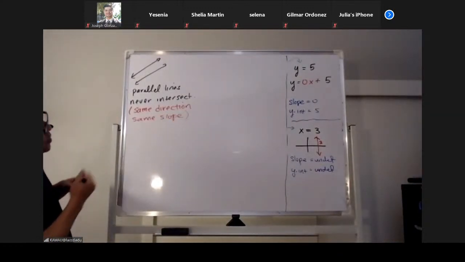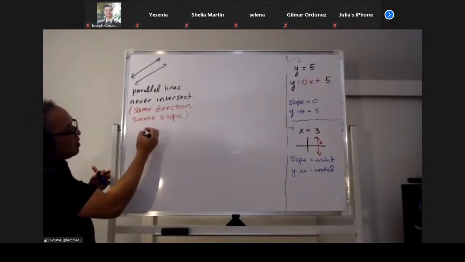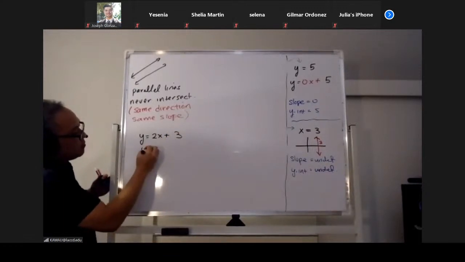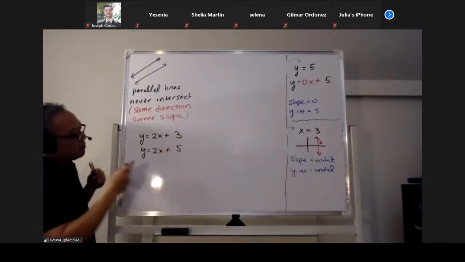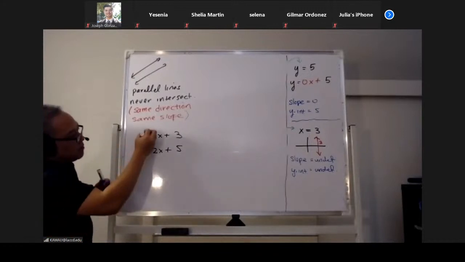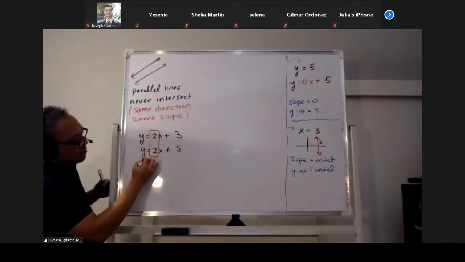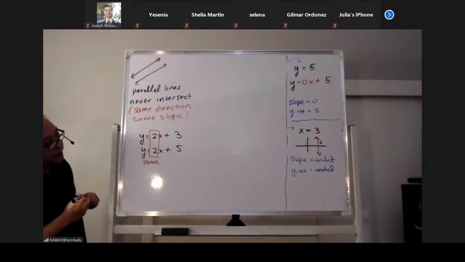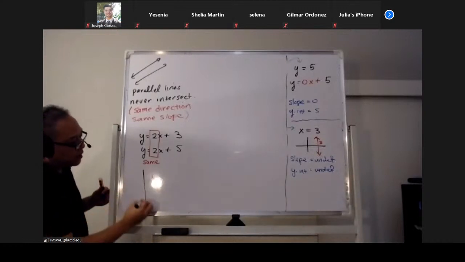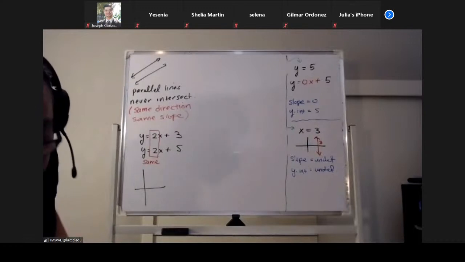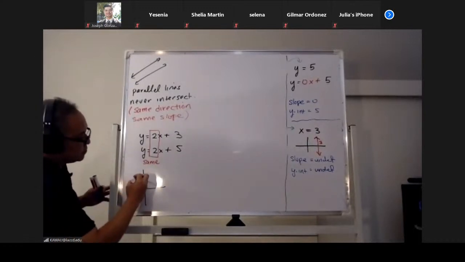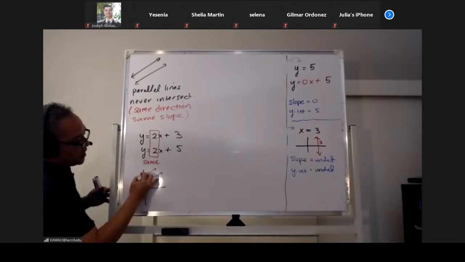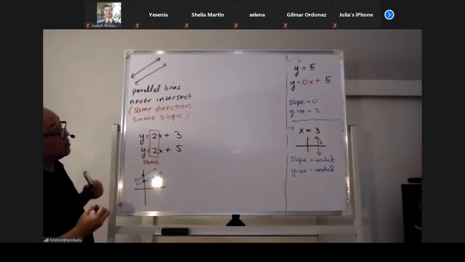So the way you can tell that 2 lines are parallel by just looking at the equations is that they should have the same slope. Okay. So what's going on here is that I have 2 lines. Their y-intercepts are different, but they're going in the same direction.